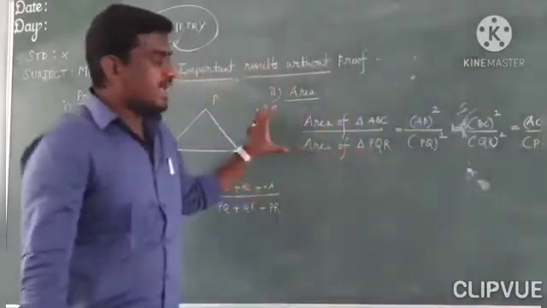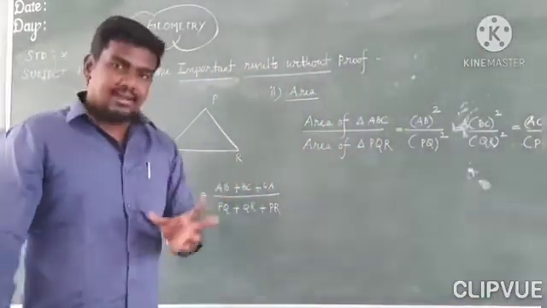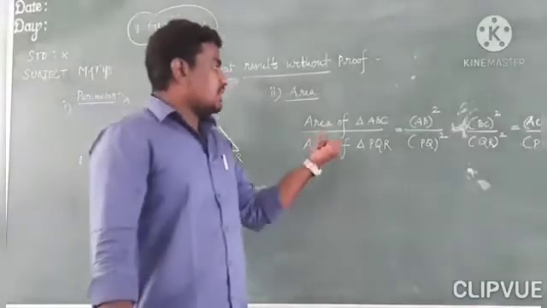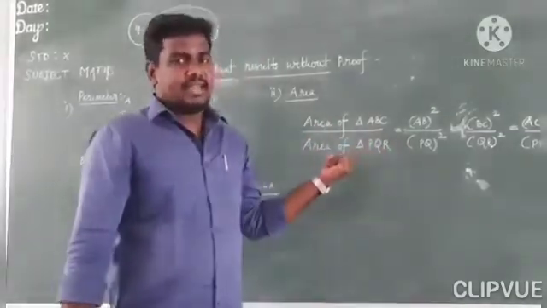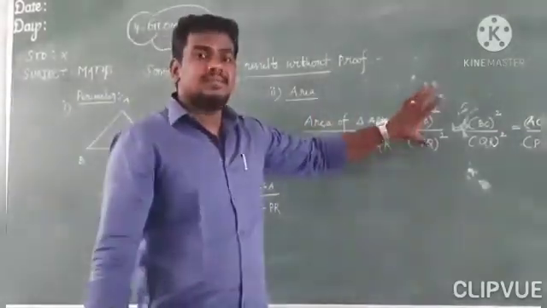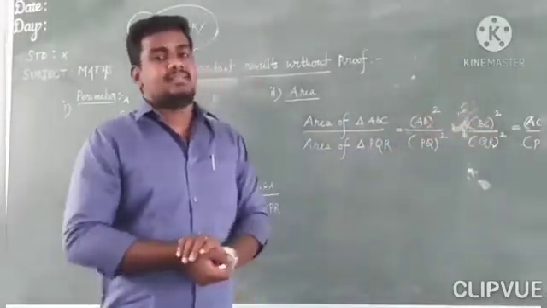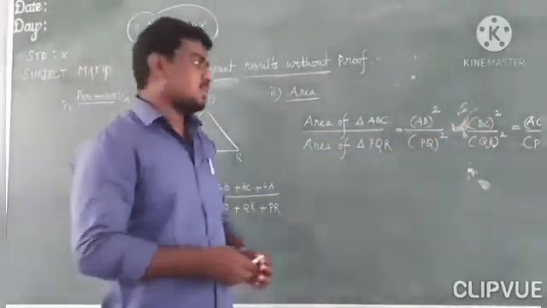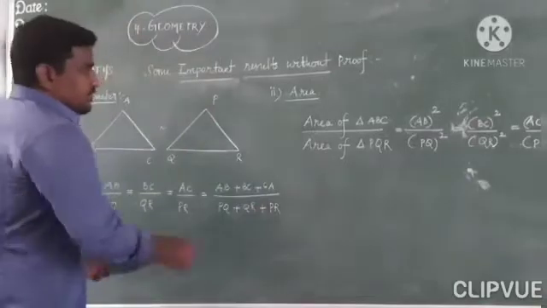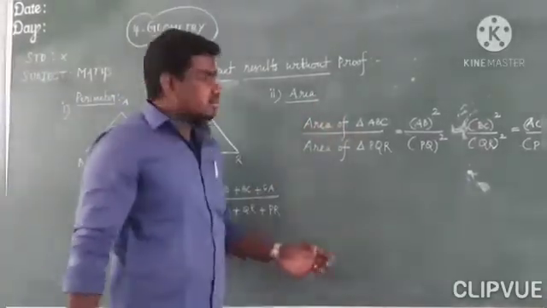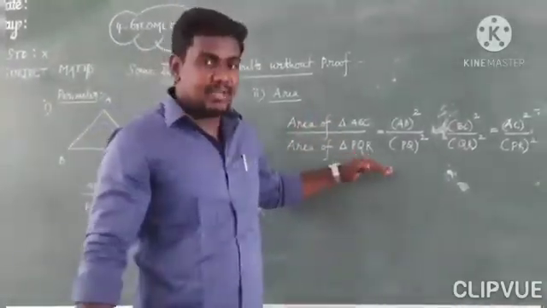Okay, this is about the area. So if two triangles are similar, the ratio of their areas is equal to the ratio of the squares of their corresponding sides. See, if area of triangle ABC is given, they are asking to find area of triangle PQR.